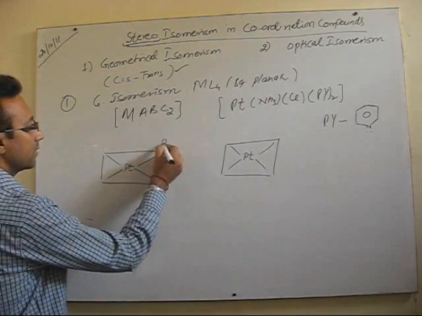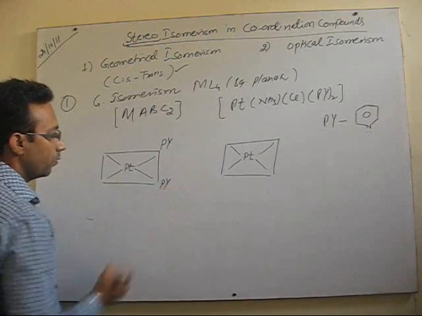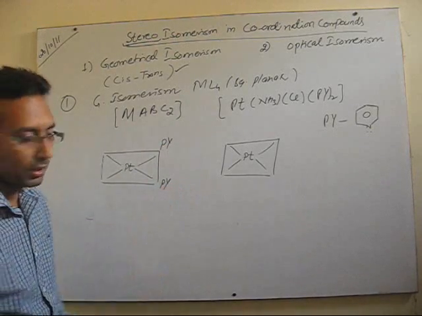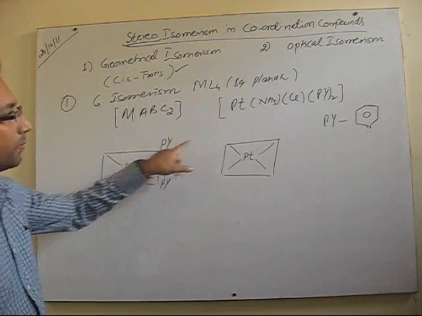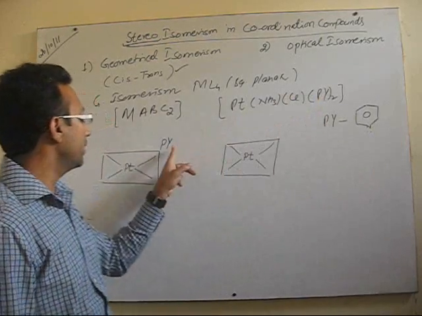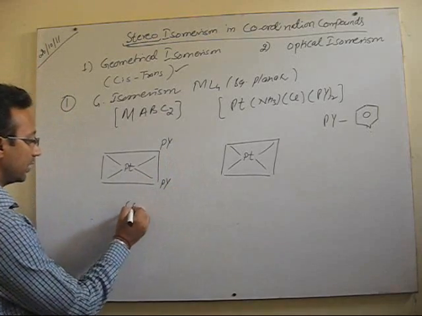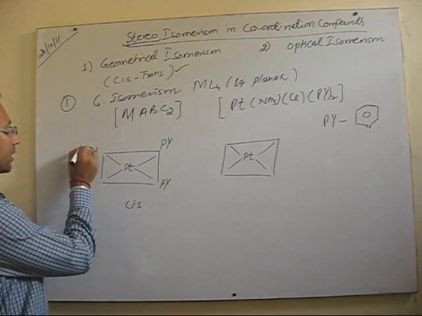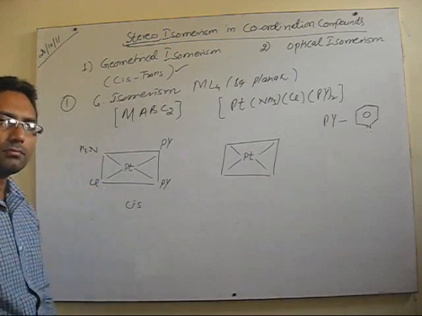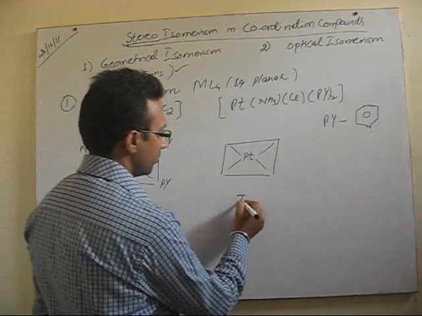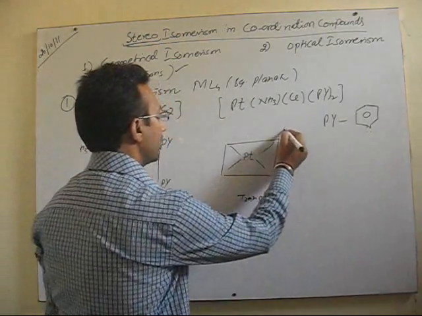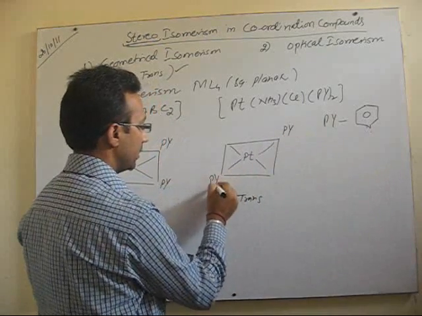Now, in such a case, while making cis and trans isomers, just observe the two same ligands here, pyridine, keep them on the adjacent position, and that will be the cis isomer. The other ligands can be at any positions. Fine. And while making its trans isomer, you have to keep them diagonally opposite, like this.